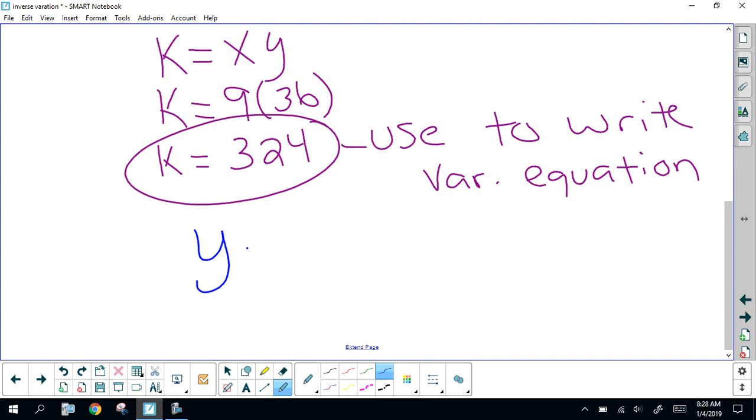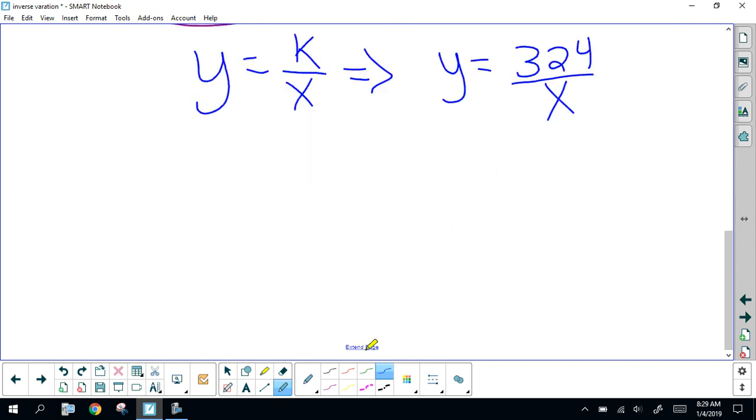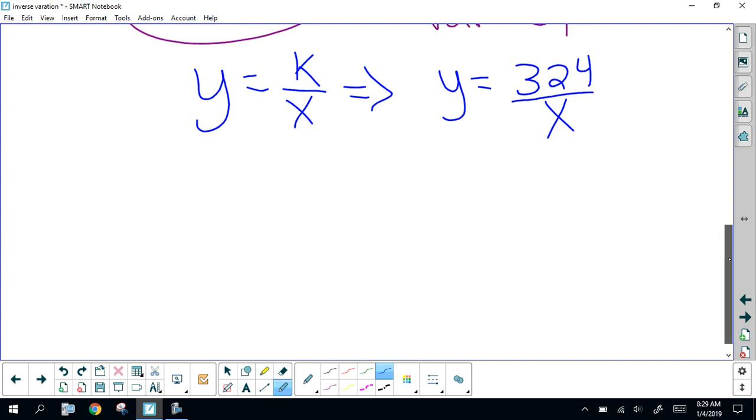It said y equals K over x. When you're writing the formula, you want your y and x to stay arbitrary, and you're just going to plug in your K. So you'd say y equals 324 over x. For any x I put in, I can find the y, or any y I put in, I should be able to find my x.